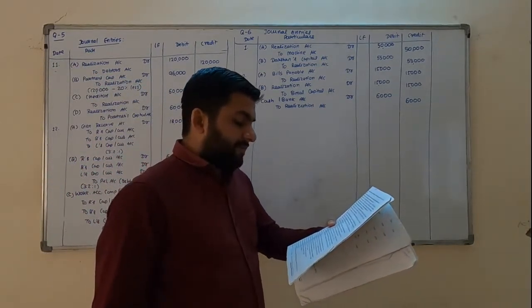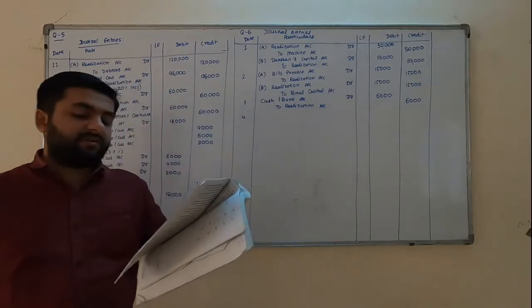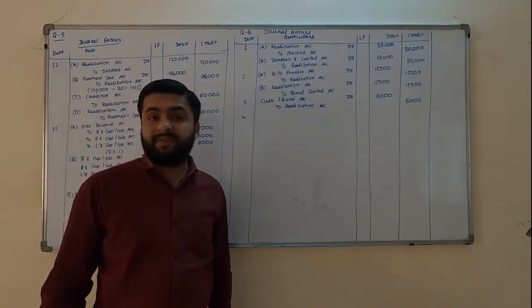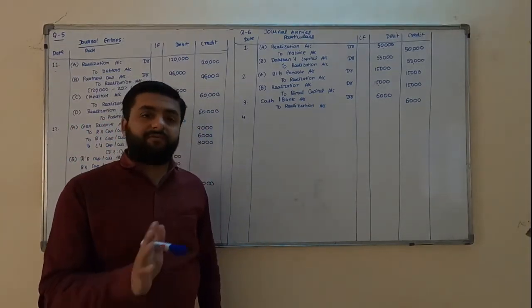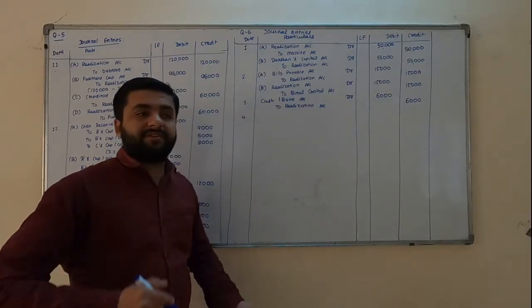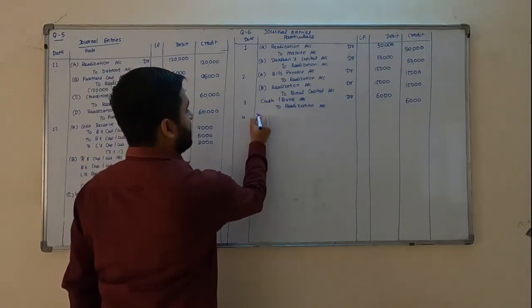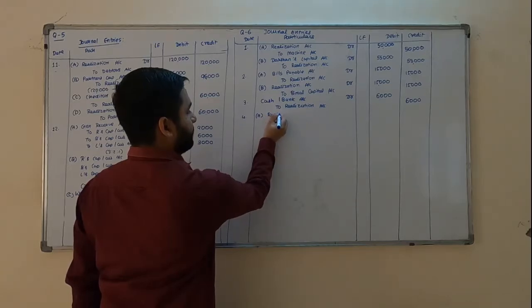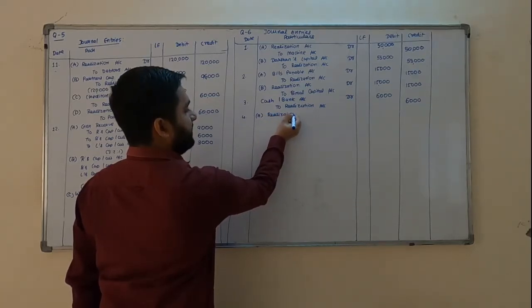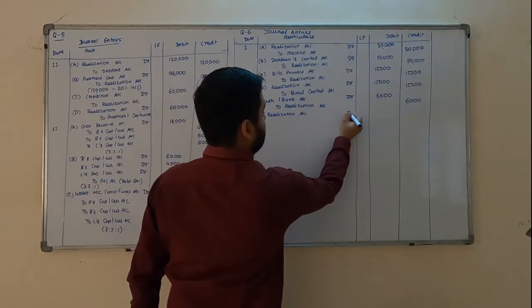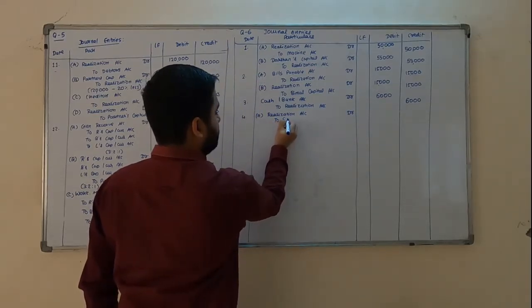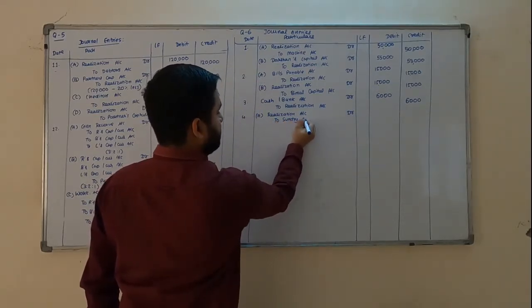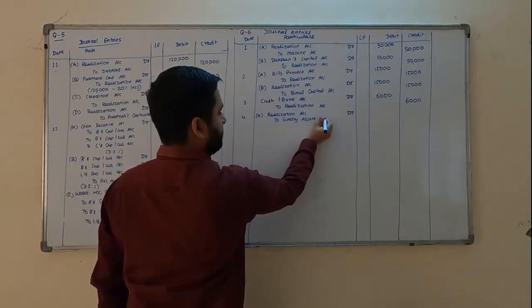So book value of sundry assets is 2,70,000, realized 2,27,000. Again, assets are shown in the books, so first we have to close them, then we will receive the amount from them. Now to close the asset, the realization account debit to sundry assets account.